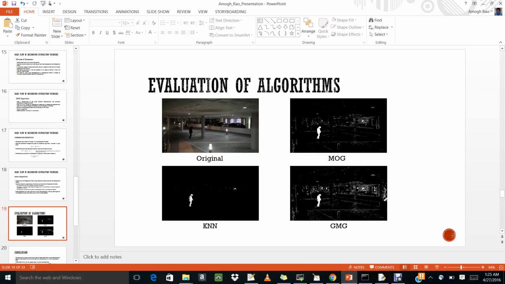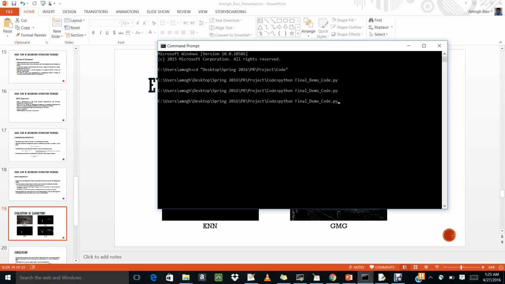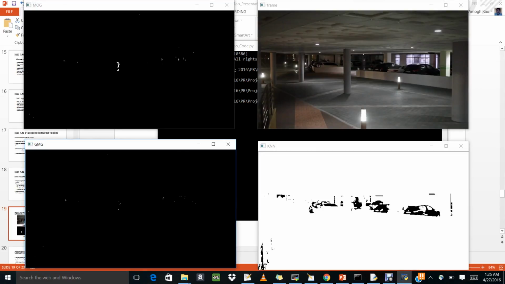Let's go through the demonstration. As we can see, this is CCTV footage which has been used for this demonstration, and this is the original frame.